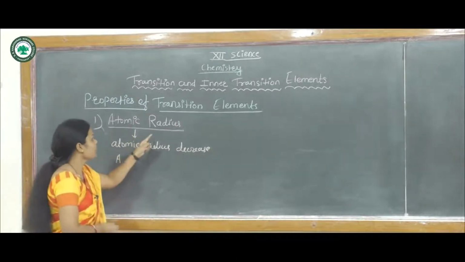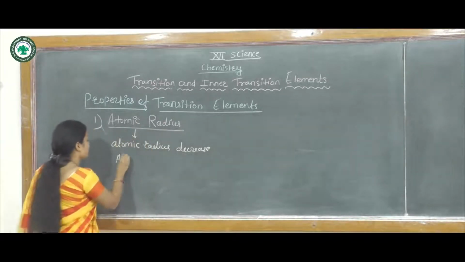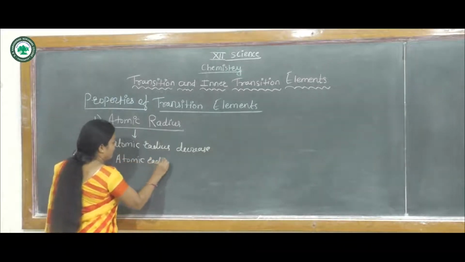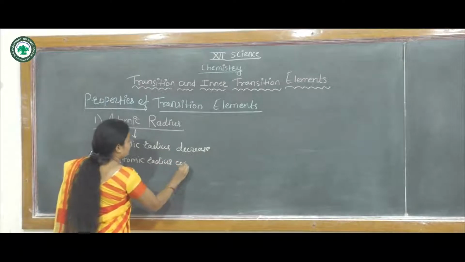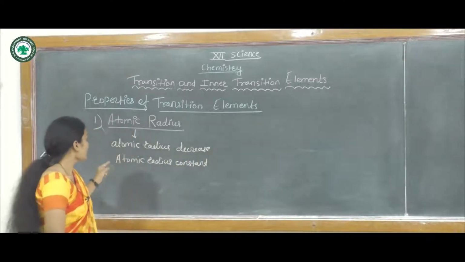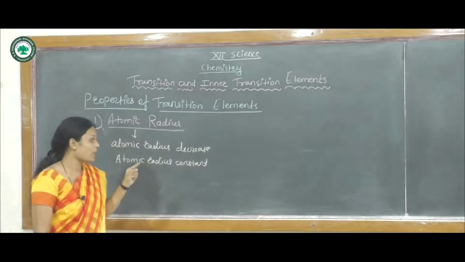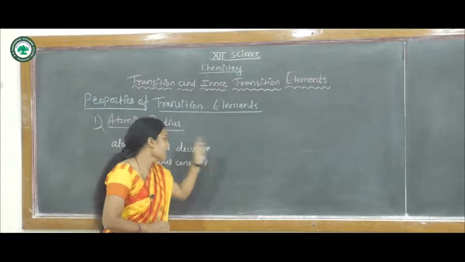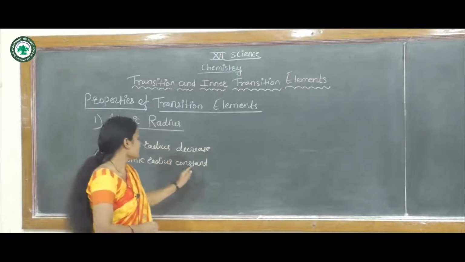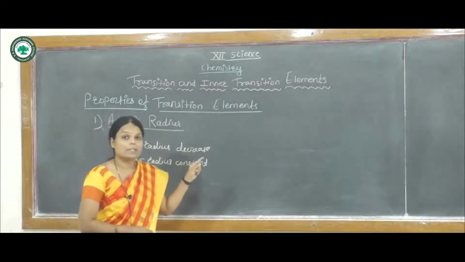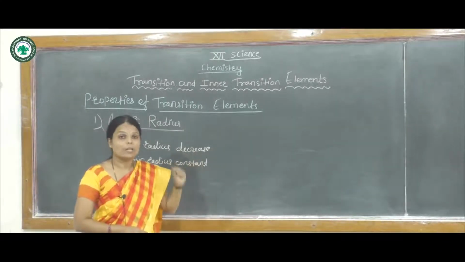Why does its atomic radius become constant in the middle, as we move from left to right? Because the nuclear charge increases and the atomic number also increases.